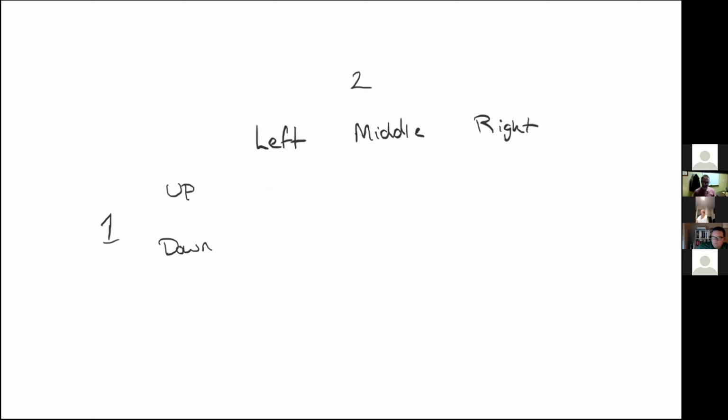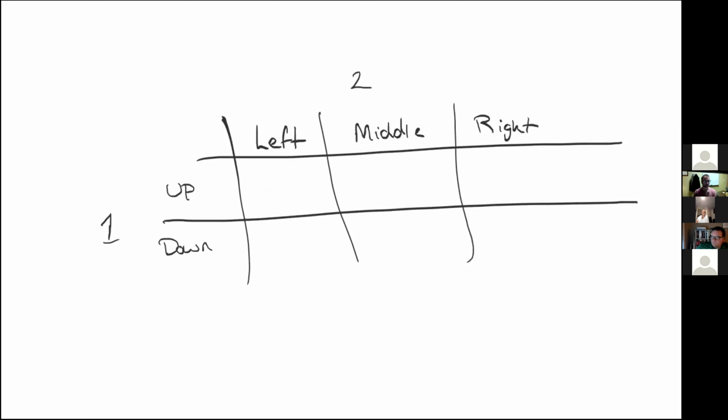Now we're making this a little more complicated, adding some options here.